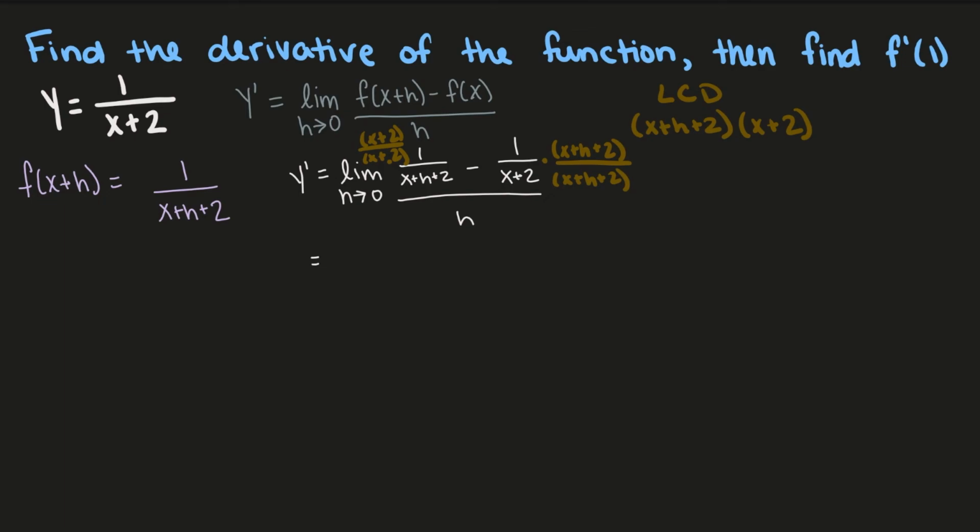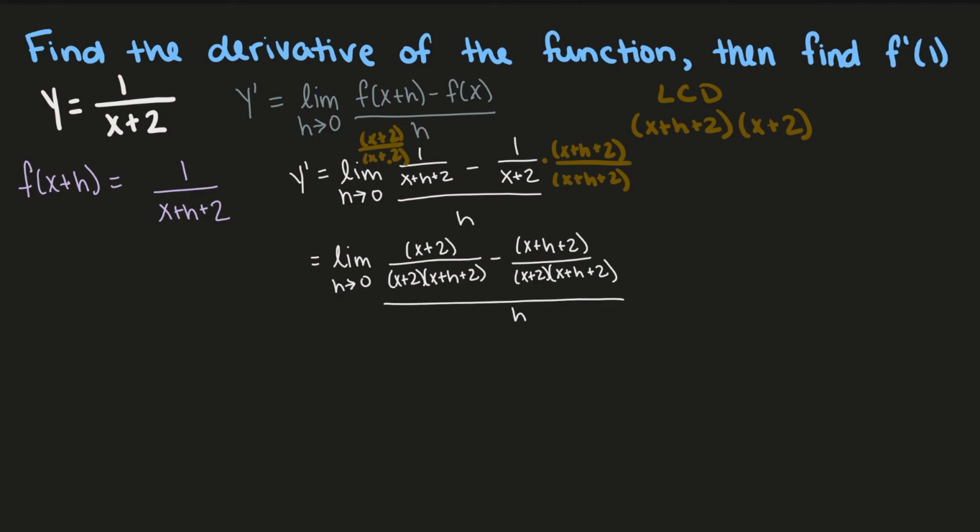So that's going to give us the limit as h approaches 0 of x plus 2 over x plus 2 times x plus h plus 2, minus x plus h plus 2 over x plus 2 times x plus h plus 2, all over h.